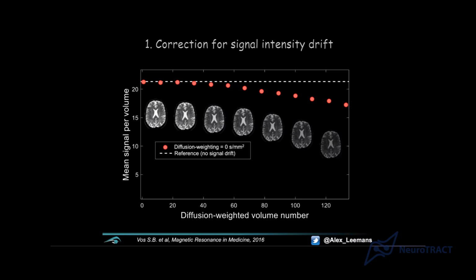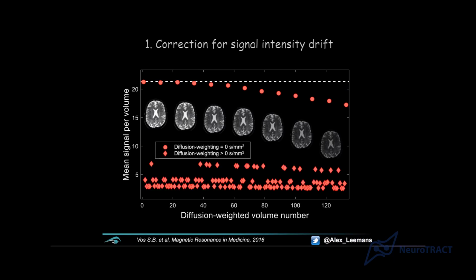Now, if we look at the diffusion weighted signals, these are reflected with these diamond-shaped markers. By the way, you'll notice these 3 apparent rows. This is because we acquired diffusion weighted values with 3 different B values, namely 1000, 2000, 3000.